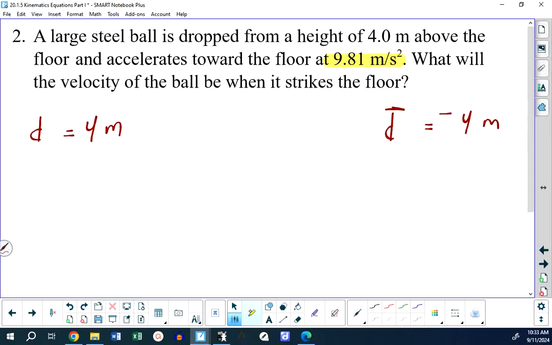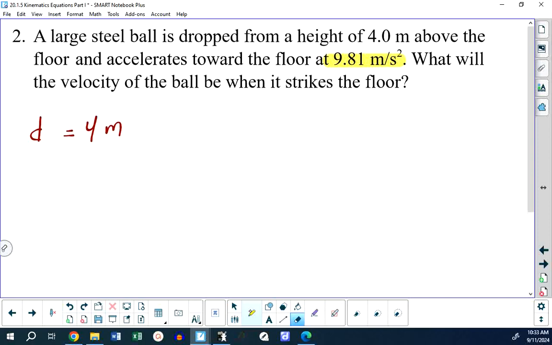This would be correct. That if the ball goes from some point above the floor to the floor, its displacement is negative. But we don't need to do that here. We can just say the acceleration is towards the floor, the distance traveled is towards the floor, everything is towards the floor, so we're not going to worry about directions.